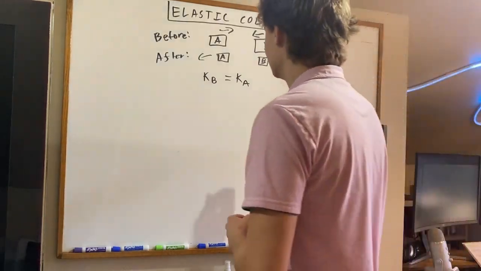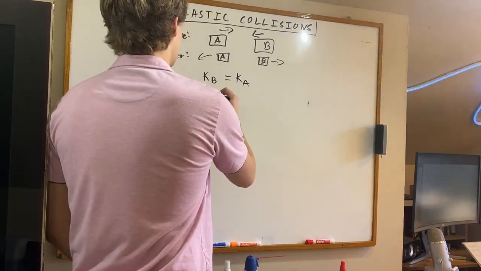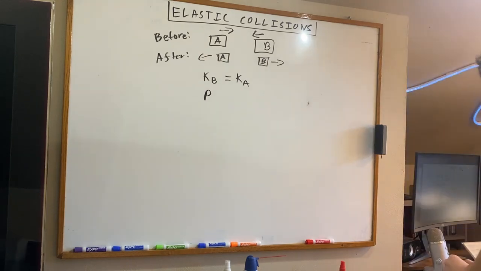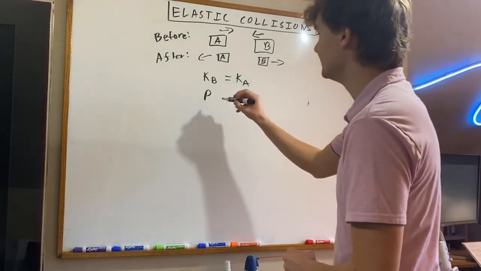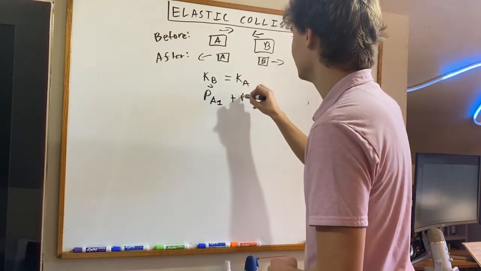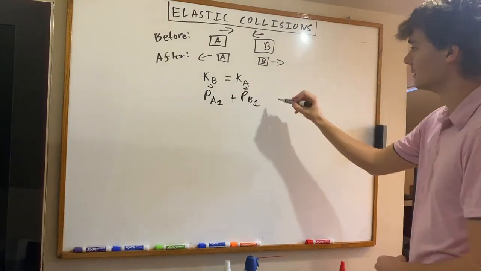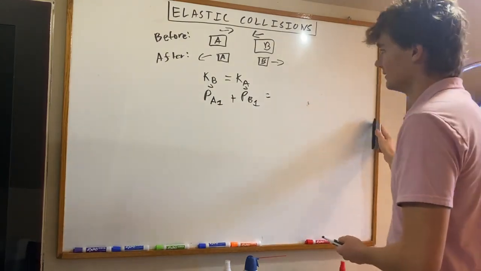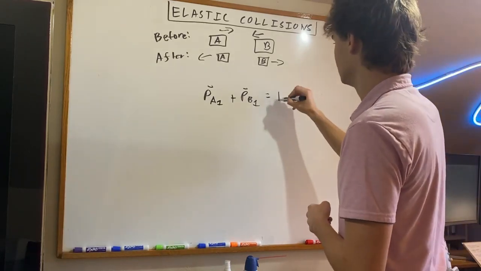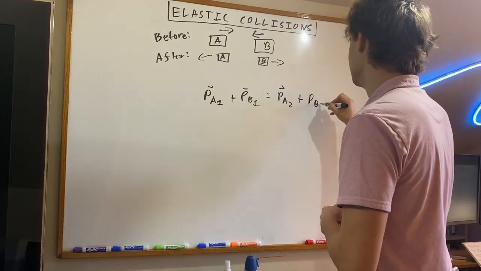So PA1 plus PB1 is equal to PA2 plus PB2.